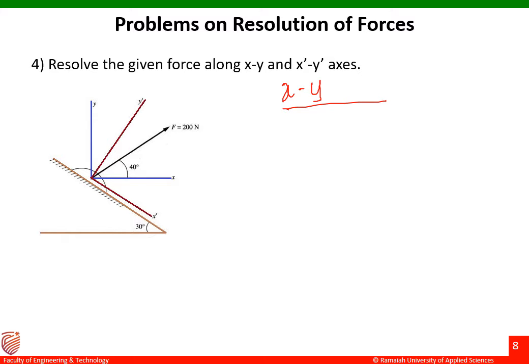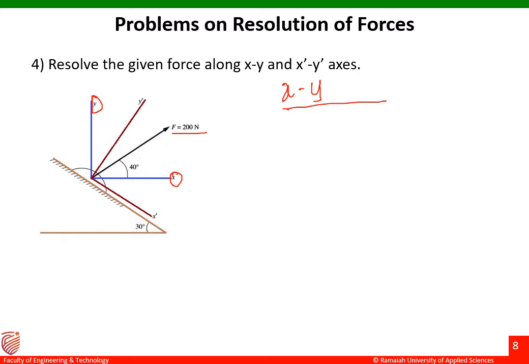Now with respect to the xy axis, which is my xy axis? This is my x-axis and then this is my y-axis. Both are perpendicular to each other. Now we can see there is a force of 200 Newton which is making an angle of 40 degree with respect to the x-axis.